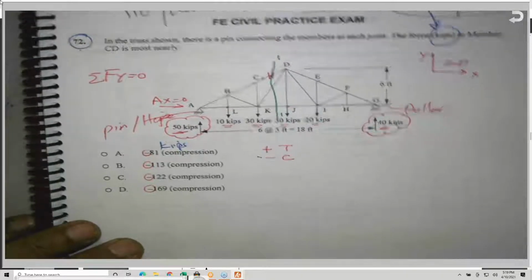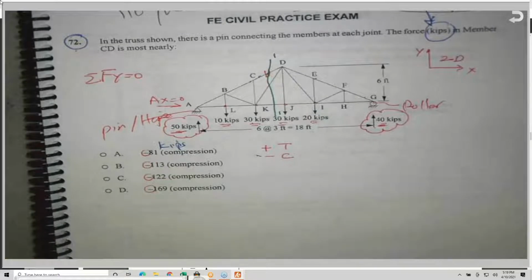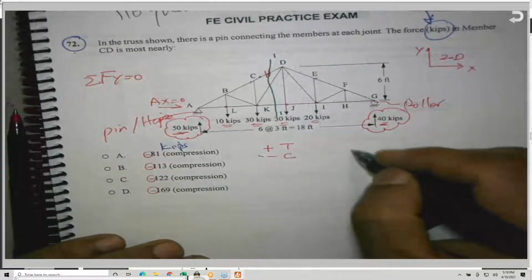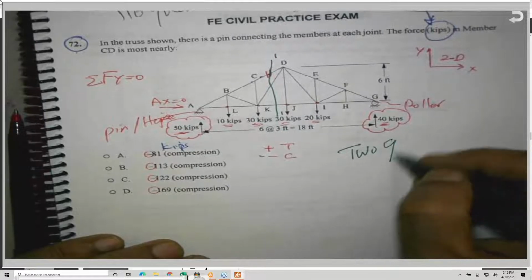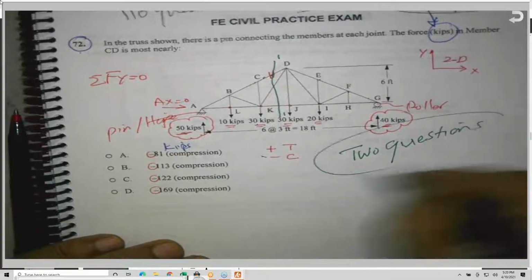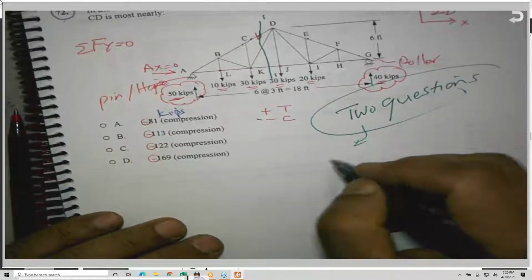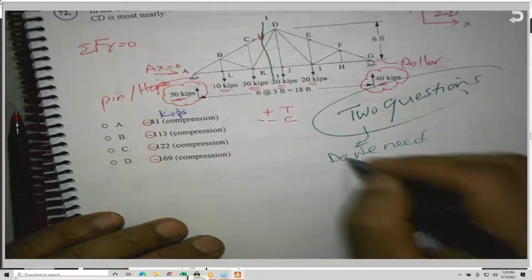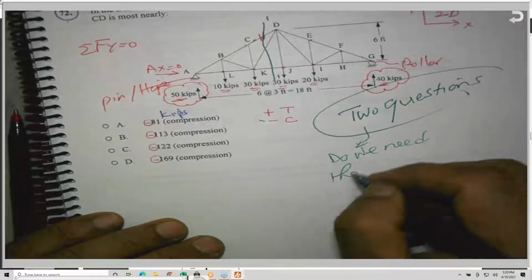So, not necessarily. These are the 2 questions you need to ask yourself when you look at any truss problem. The 2 questions I need you to remember: number 1, do we need the external reactions?